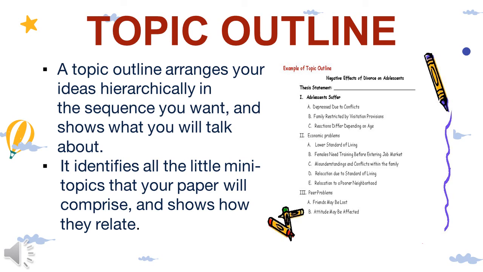And remember as well, class, that the topic outline lists words or phrases only. Because when you list complete sentences, we are not referring to a topic outline at all. We are now talking about a sentence outline. Okay?